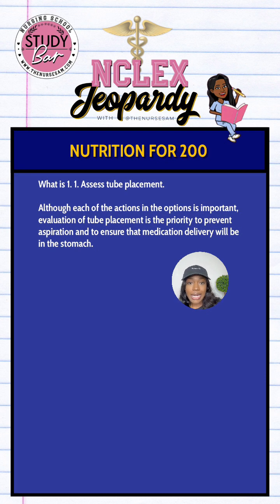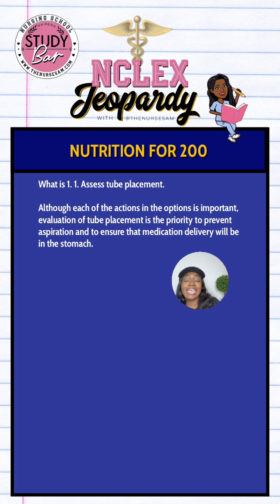All right, for those that chose 2, 3, or anything else, let's get into this rationale so you understand why the answer is what it is. It says, although each of the actions in the options is important, evaluation of tube placement is the priority. Why? To prevent aspiration and to ensure that medication delivery will be in the stomach. Whenever it comes to nursing interventions or actions, you always want to look at the assess option first.